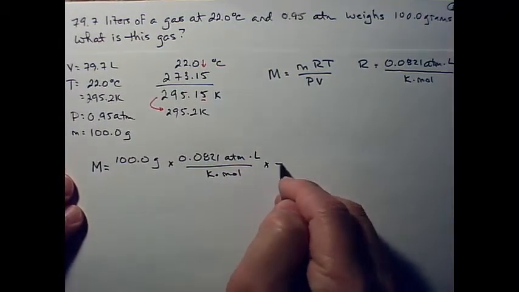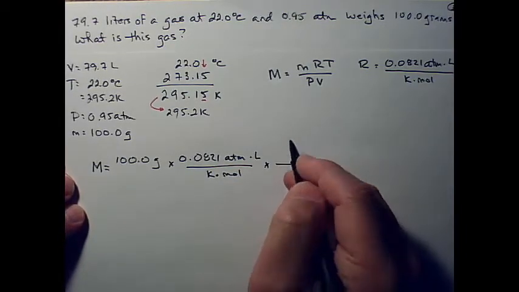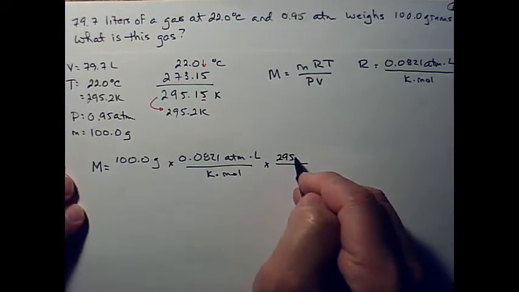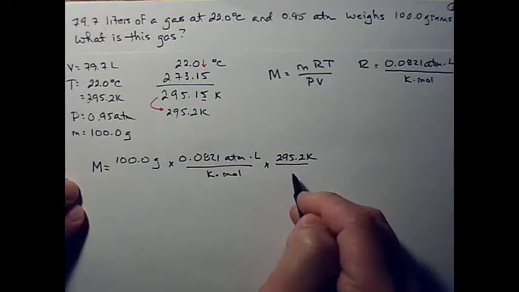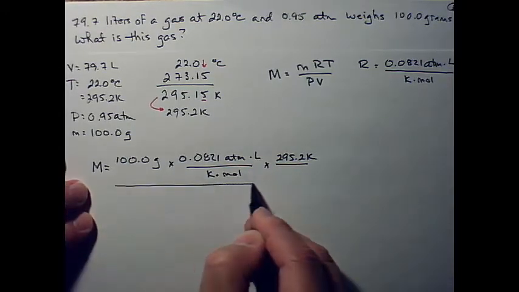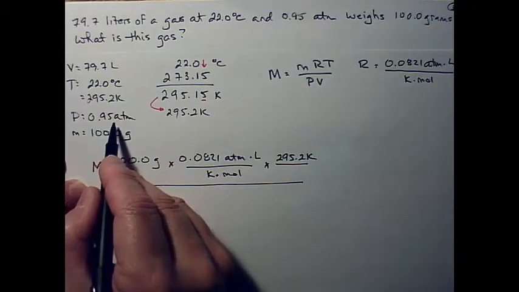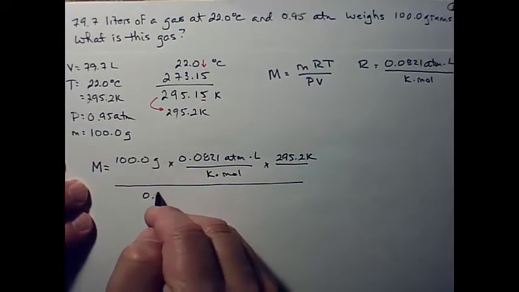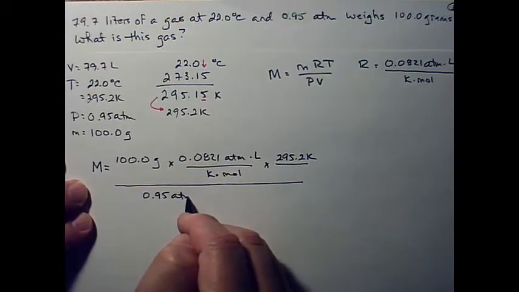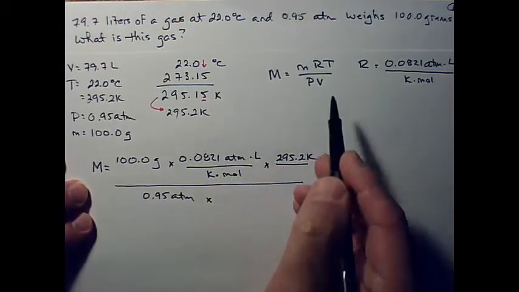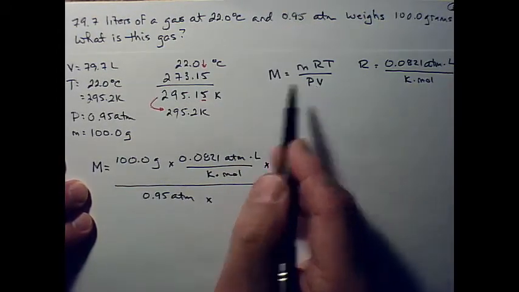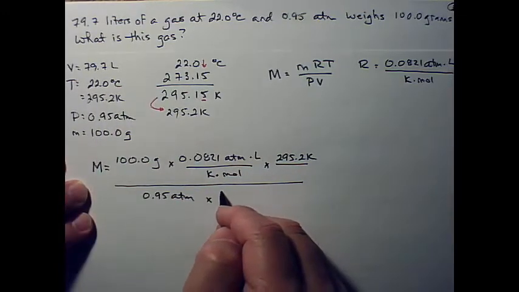T, the absolute temperature, the Kelvin temperature, is 295.2 K. I'm going to put all of that over pressure, which is 0.95 atmospheres, and times the volume, and the volume is 79.7 liters.